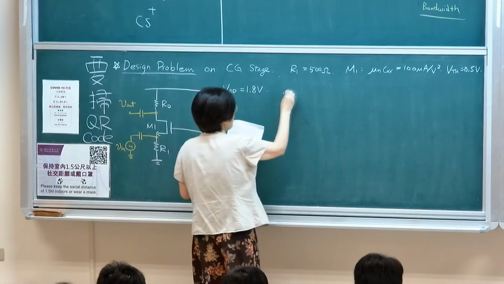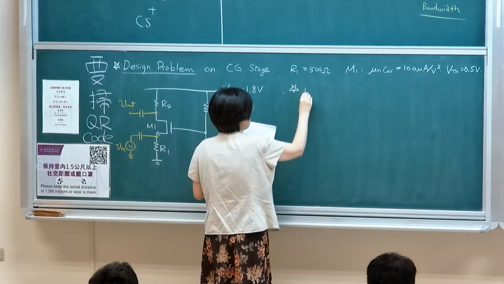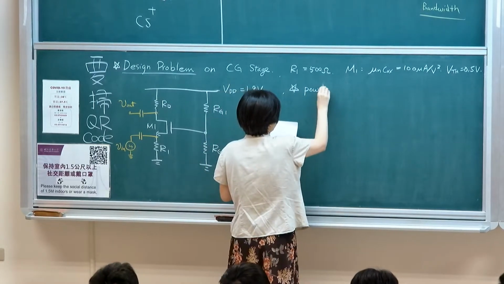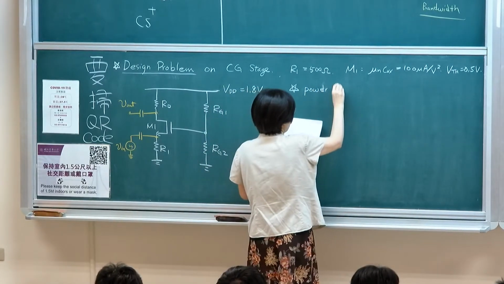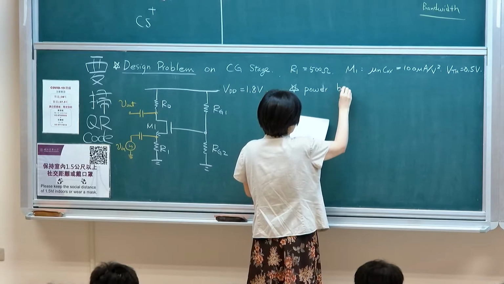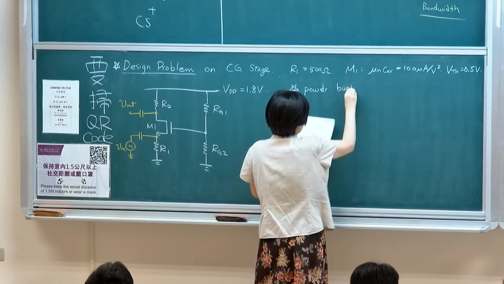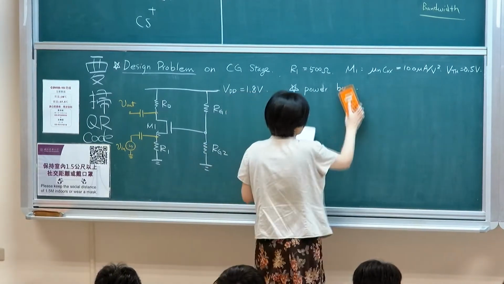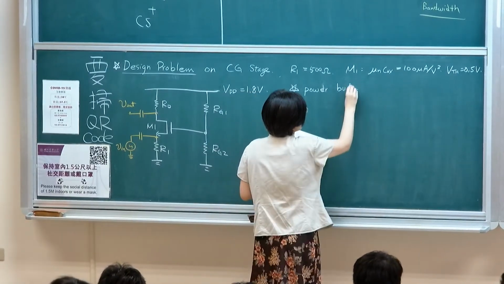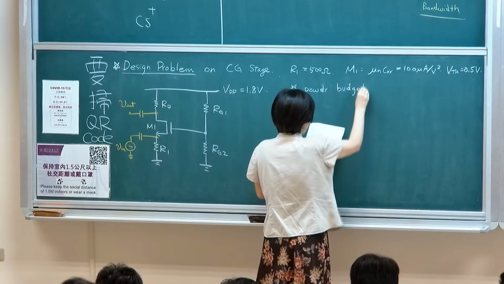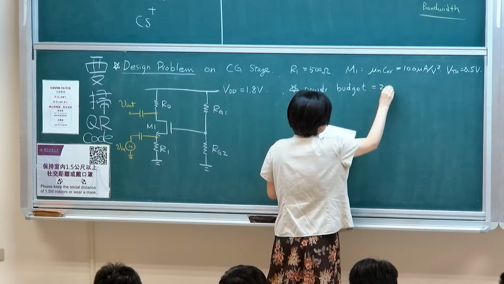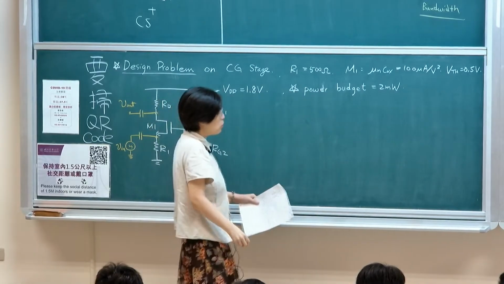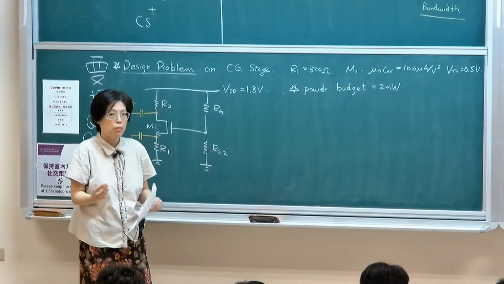And then I have two specs. The first is the power budget, meaning the maximum power that can be dissipated by the circuit. So the power budget is set to 2 milliwatt. And then I need to design to meet a certain spec.